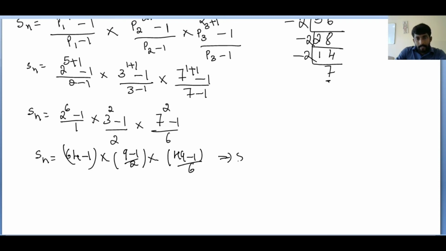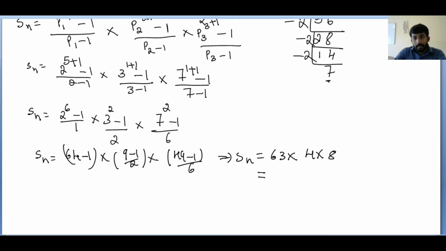This implies Sn is equal to 63 into 9 minus 1 is 8, 8 divided by 2, that is equal to 4, into 49 minus 1, 48 divided by 6, that is equal to 8.